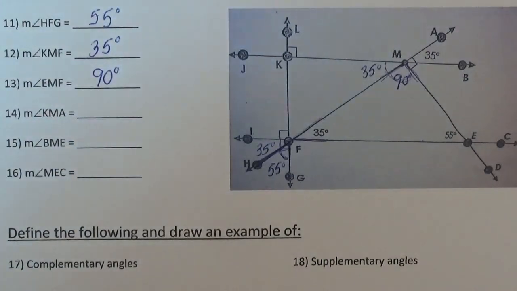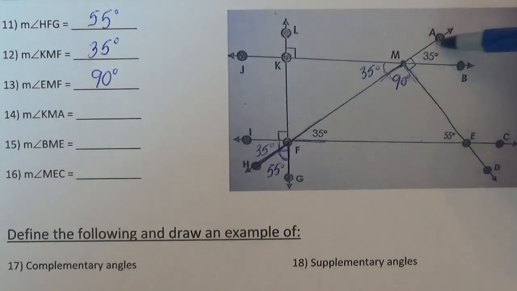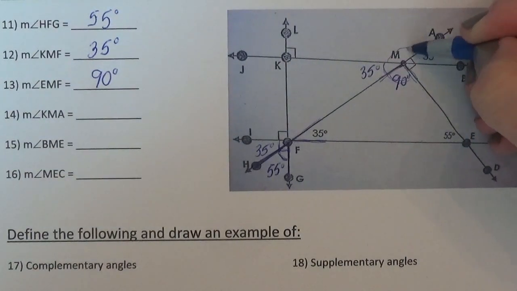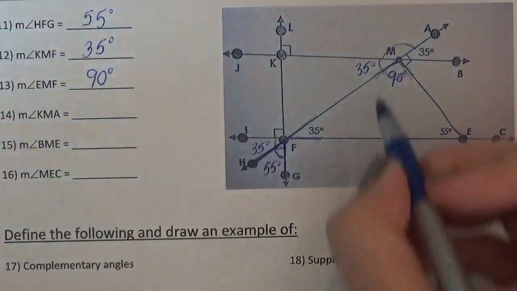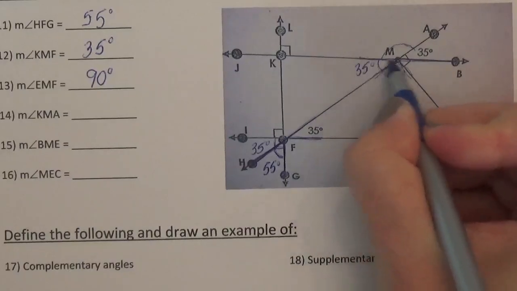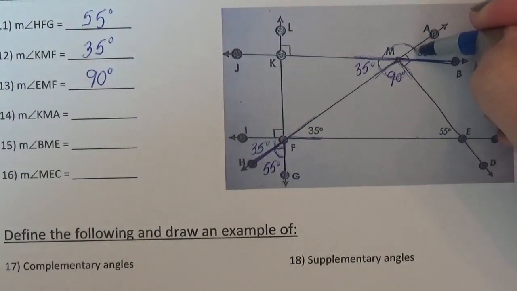KMA. Here's K, here's M, here's A. So this obtuse angle here. Now when I look there, I see this line, and I see this 35, plus the angle we're looking for would be 180.